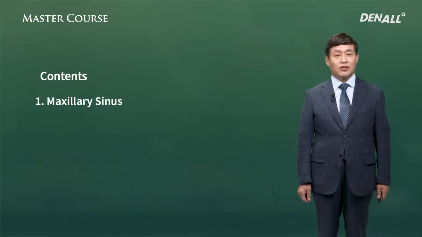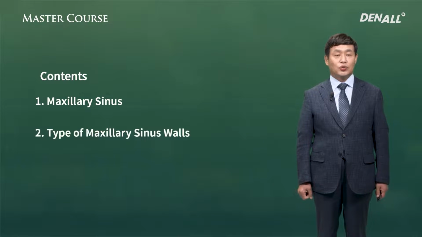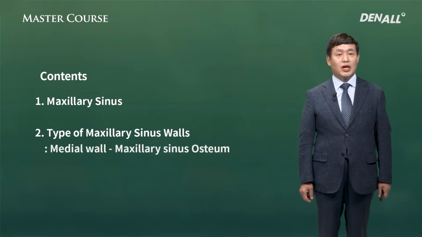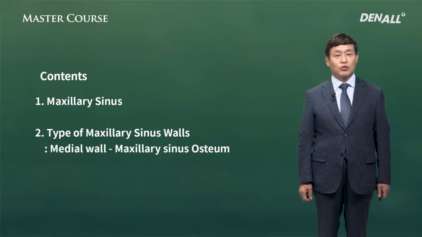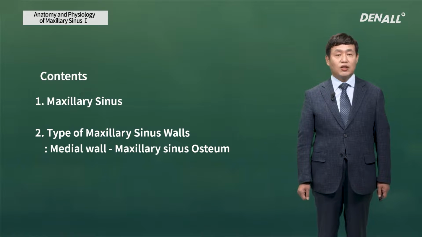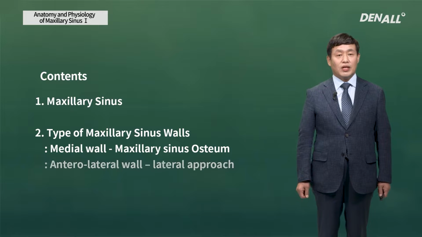So we have talked about maxillary sinus characteristics and the types of maxillary sinus walls, 5 of them. The medial wall, the most important structure, is the maxillary sinus ostium. It connects the maxillary sinus and nasal cavity.